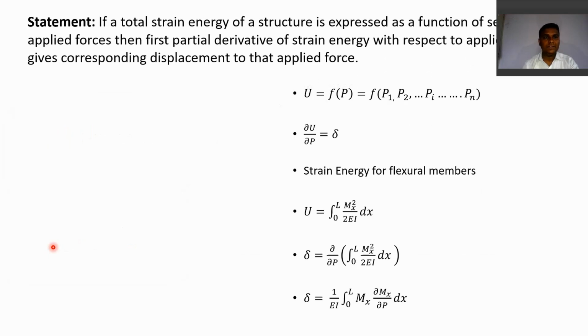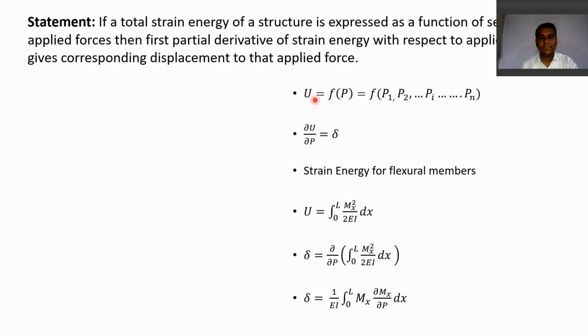Let us see first the statement of this Castigliano's theorem. The statement is that if the total strain energy of a structure is expressed as a function of a set of applied forces, then the first partial derivative of strain energy with respect to the applied force gives the corresponding displacement to that applied force.